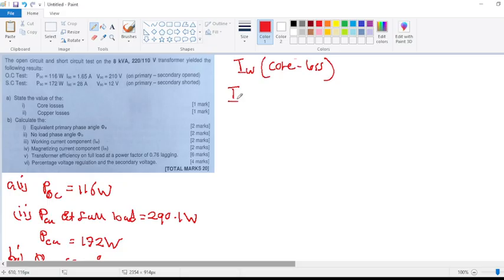So the working current equals the current of the open circuit multiplied by the cos theta.